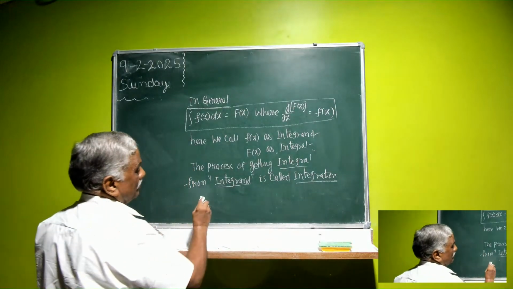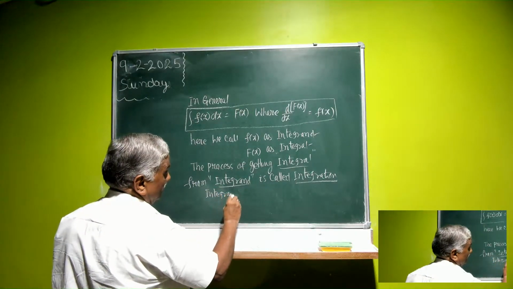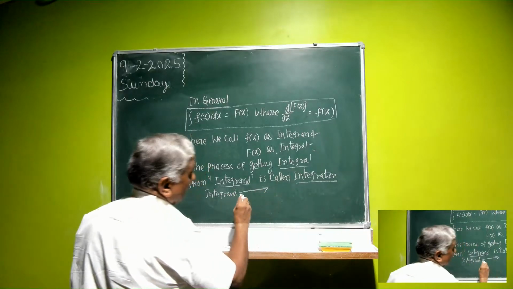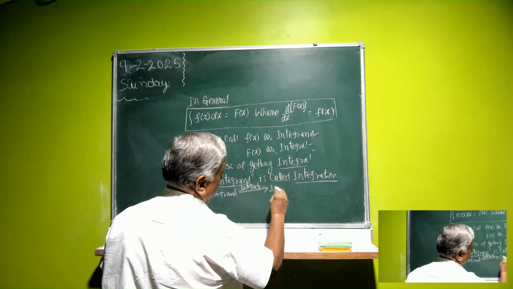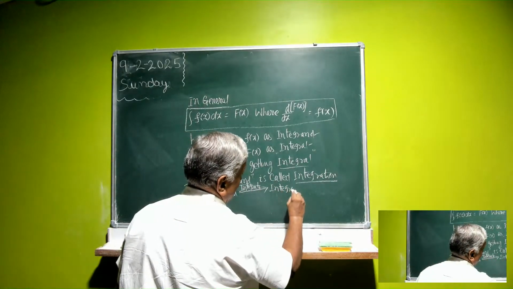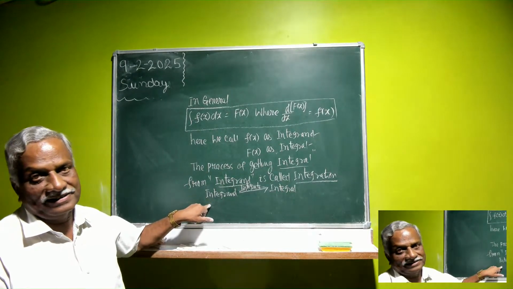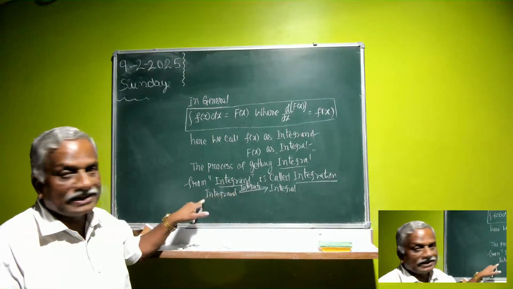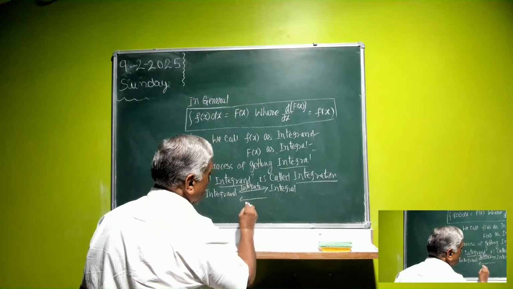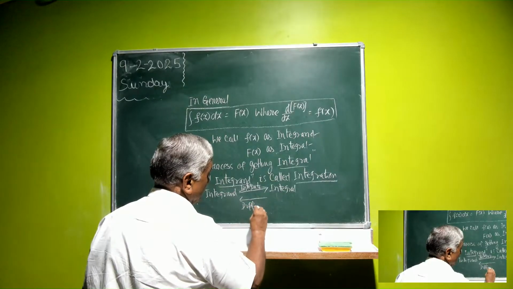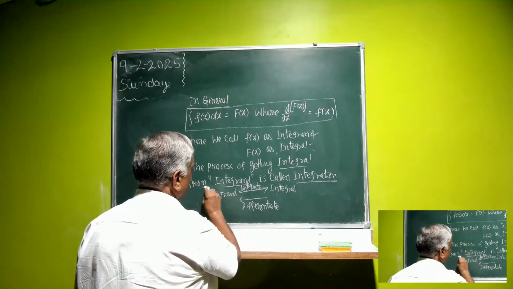That is, if you take the integrand and integrate, you get the integral. The function I'm subjecting to integration, I'm calling it integrand. If I integrate that integrand, I get the integral. You take that integral and differentiate it, you get the integrand.